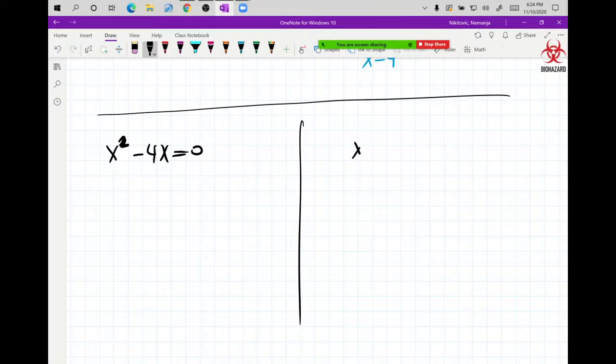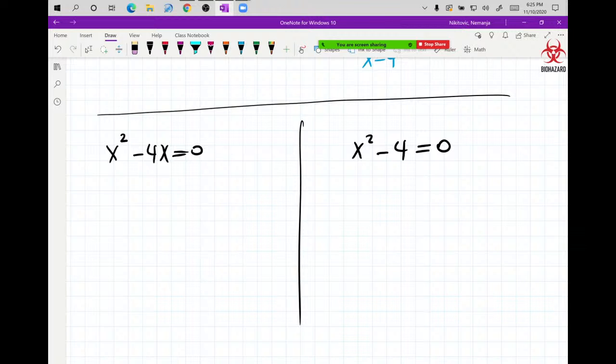And over here I'm going to have x squared minus 4 equals 0. So these two problems are very close, right? The only difference is this x. Other than that, everything else is the same. Now, when you look at these problems, they will actually use different methods of factoring.